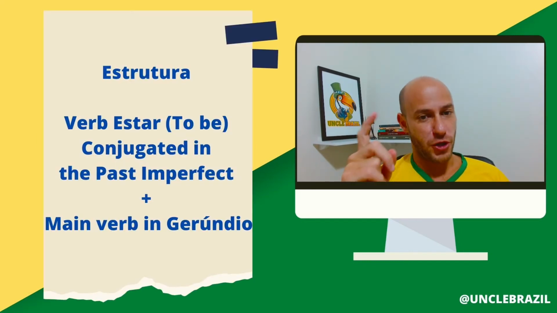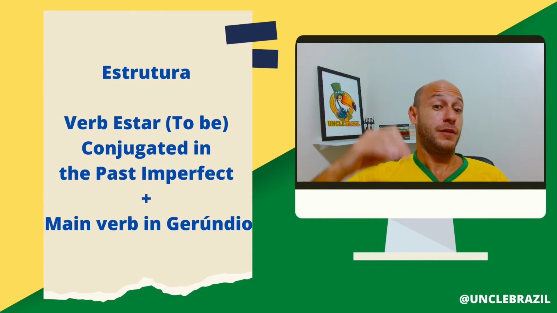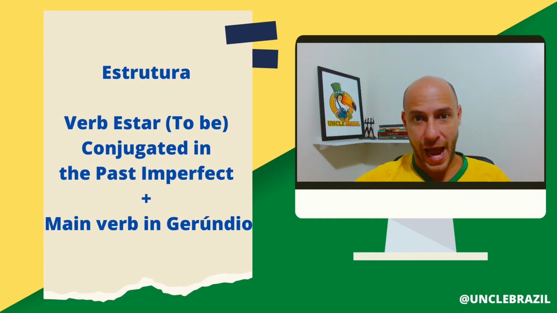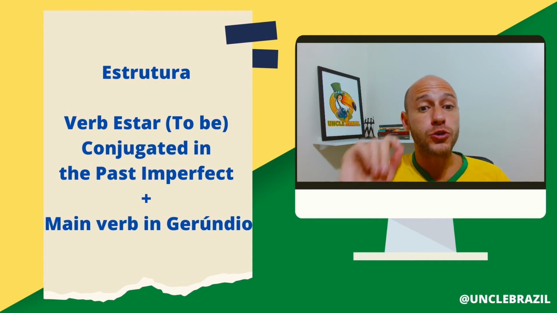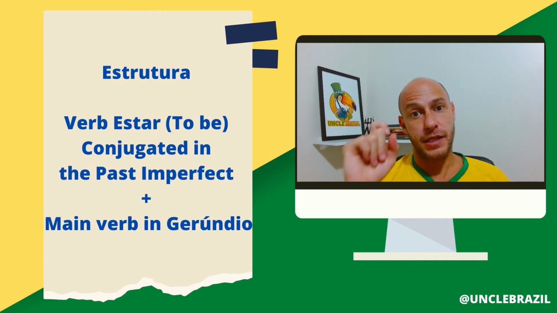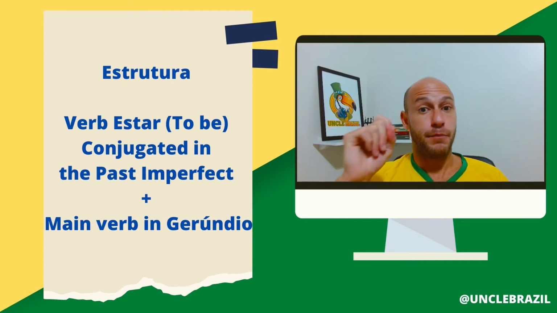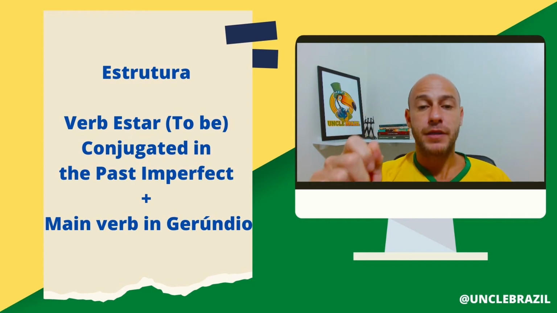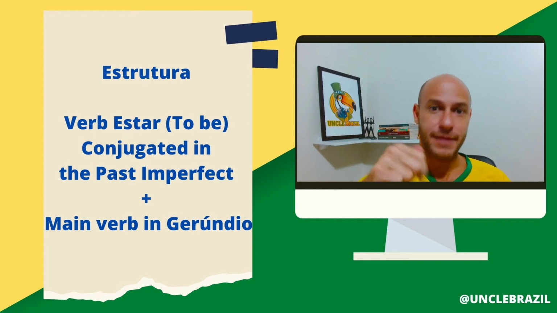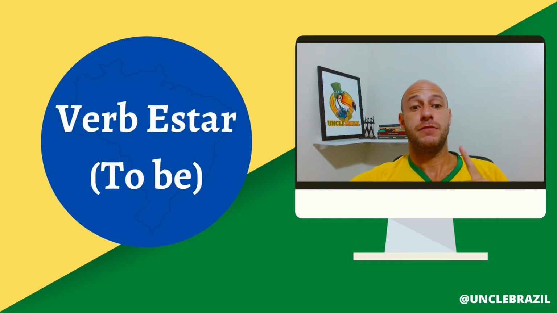Estrutura. Structure. Estrutura. First, we need the verb estar, to be, conjugated in the past imperfect, plus the main verb in gerúndio. Okay? The first step. Verb estar, to be.